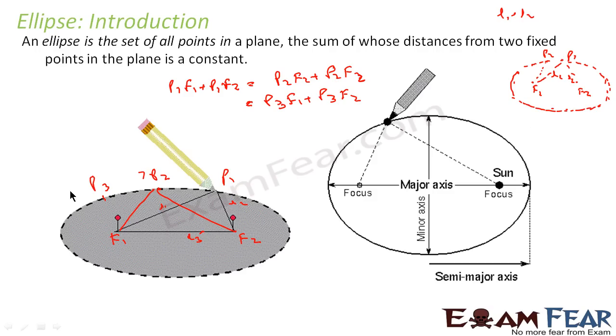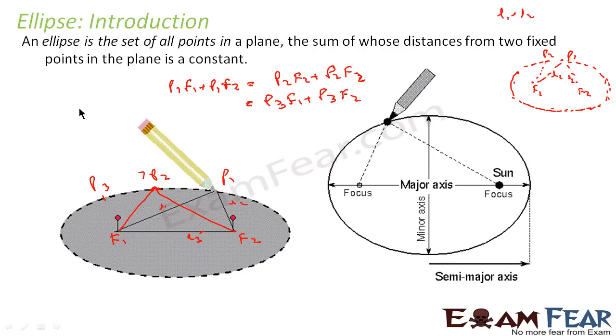In case of ellipse, for any point on the ellipse, the sum of the distance from the two fixed points is constant. In case of ellipse, the longer axis is called major axis and the smaller axis is called minor axis.